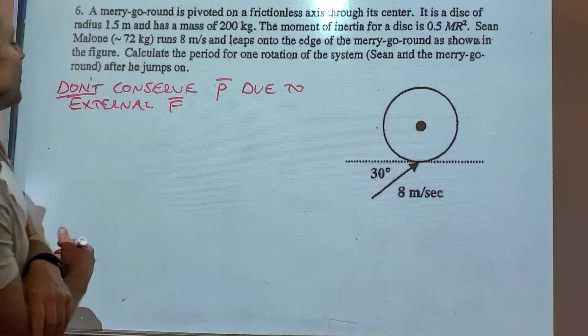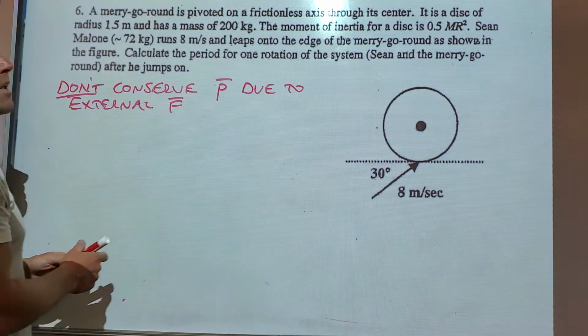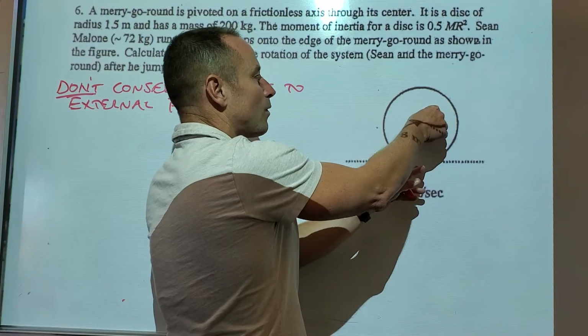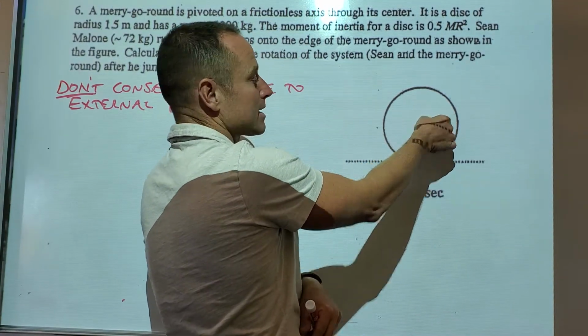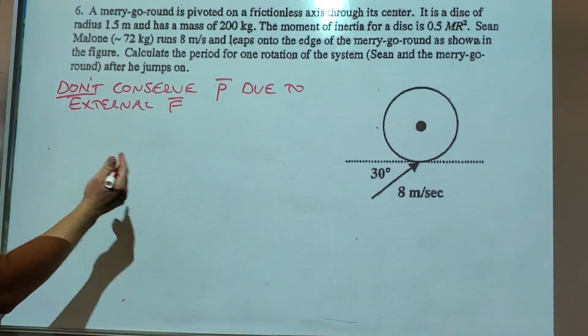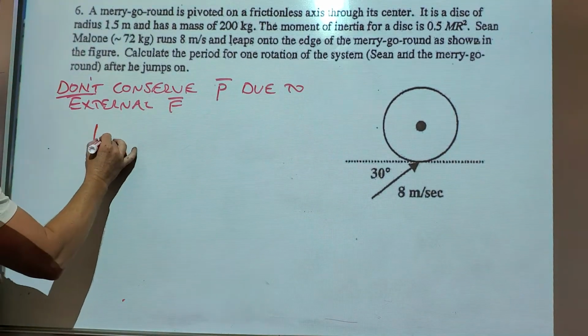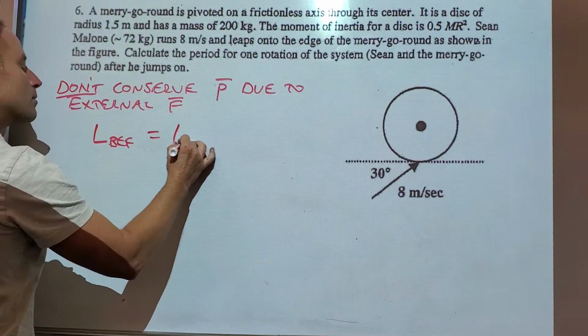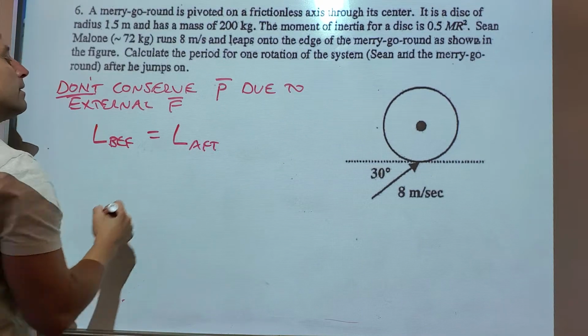So don't be saying E before is E after. But we do get to conserve angular momentum. There won't be any external torque because any forces from the axle are right at the axis. So the thing should just be able to spin. So what we can do is say the angular momentum before equals the angular momentum after. We're going to do it that way.